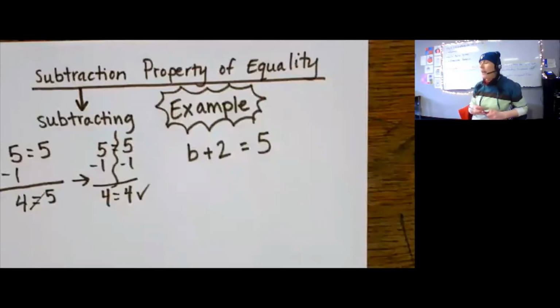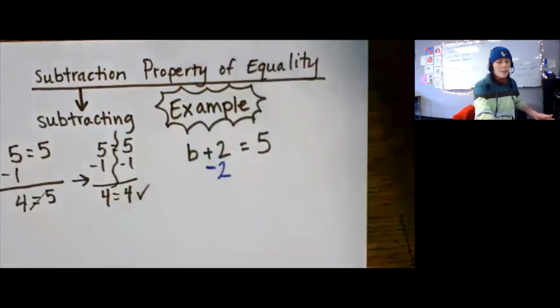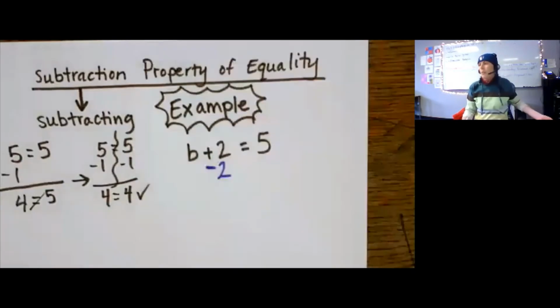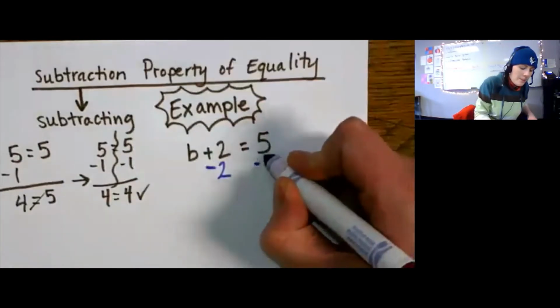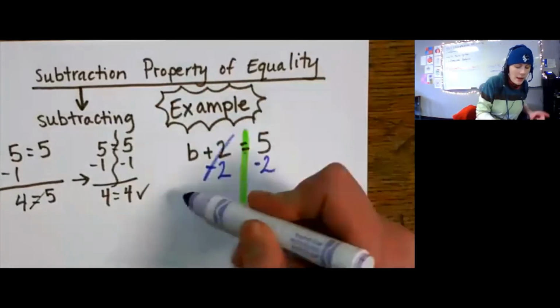And to do that, I have to do the opposite of what is happening to it. Right now, we are adding 2. The opposite of adding 2 is subtracting 2. And this is part of our subtraction property, so you know you're going to have to subtract. If we do something to one side of the equation, we have to do it to the other side. 2 minus 2 is just 0, so those cancel out.